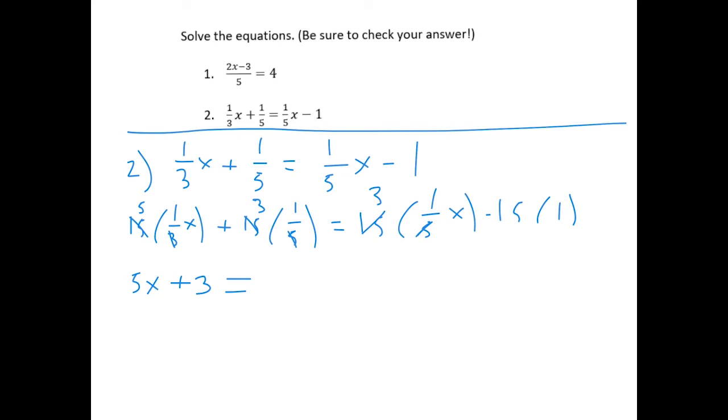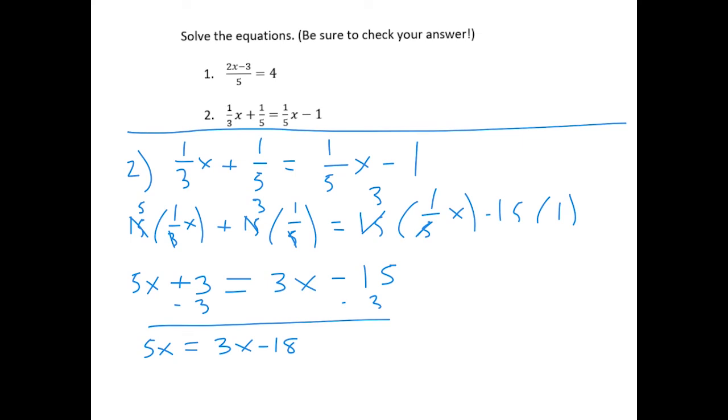So that's going to be 3 times 1x, or 3x, minus 15. That's what we get. So let's go ahead and subtract 3 from both sides first. And we'll get 5x equals 3x minus 18.